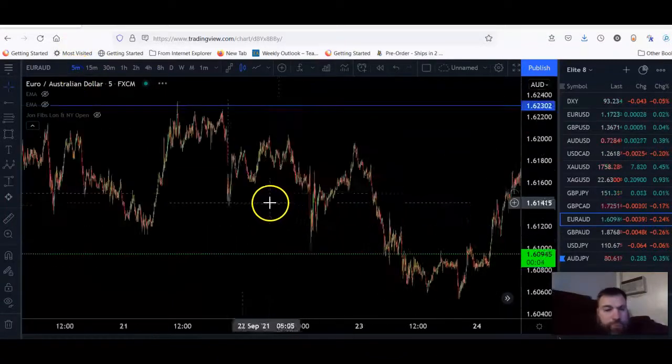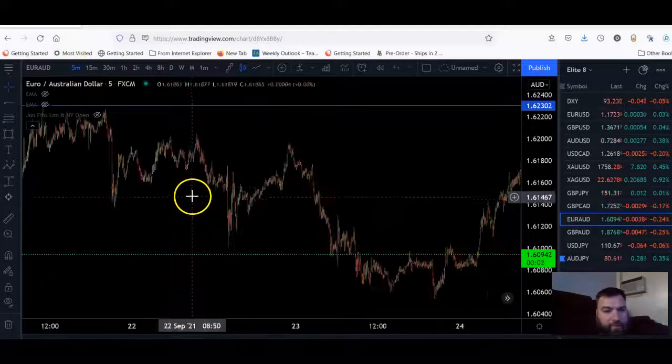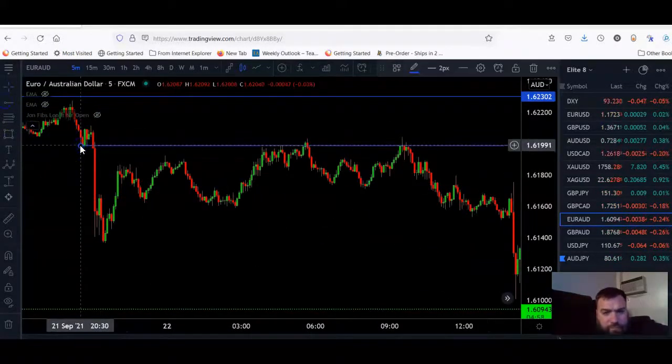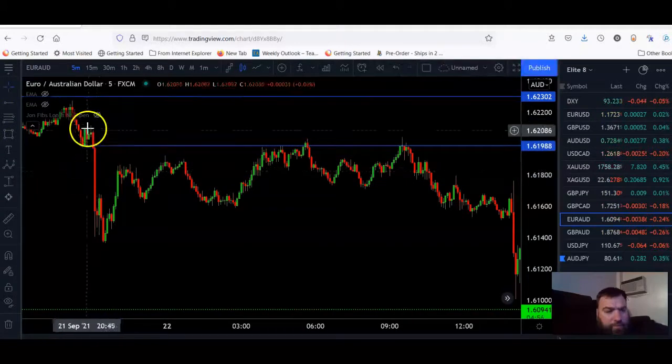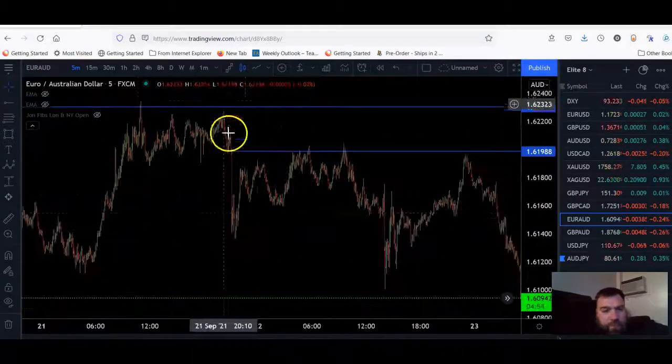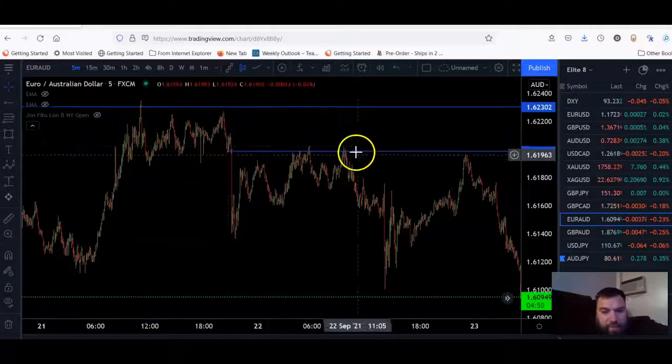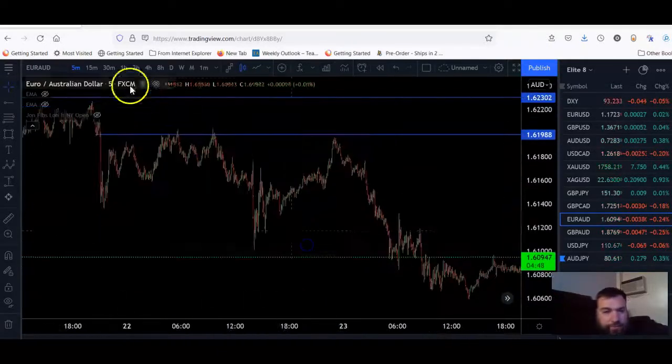Okay. Let's go in the 5 minute. Price pushed down, flag, came up to this 5 minute candle right here, down.